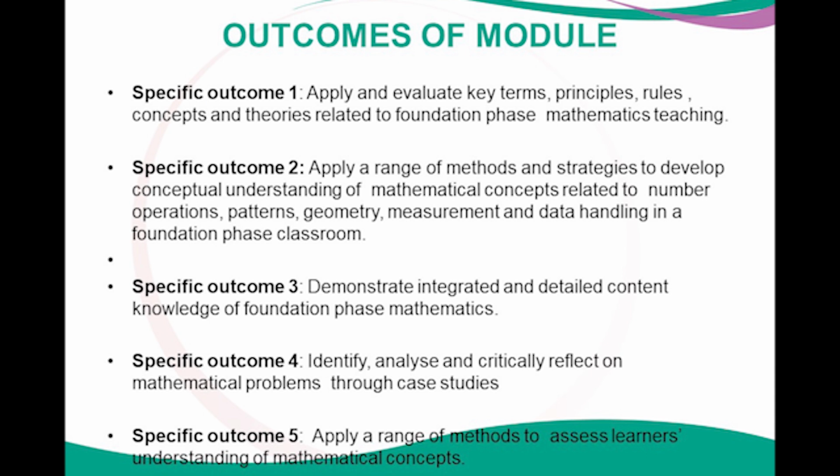Now, let us look at the assessments in this module. As I said, NQF level 7 is a little bit more cognitively demanding. So in this module, you are expected to answer questions from all cognitive levels. Here we refer you to Bloom's taxonomy. Bloom's taxonomy has 6 levels of questioning, which we categorize as lower level, middle level, and higher level questions.